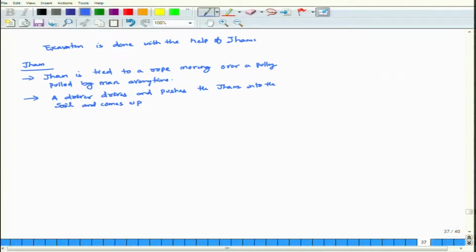The jam is then pulled out. In an improved version, the jam has been replaced by an automatic grab operated by diesel.